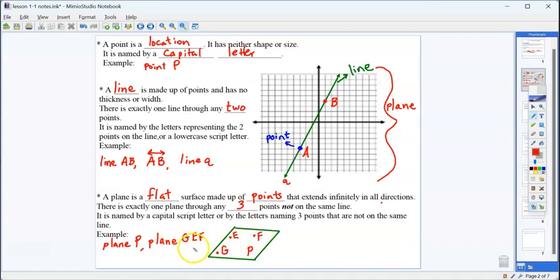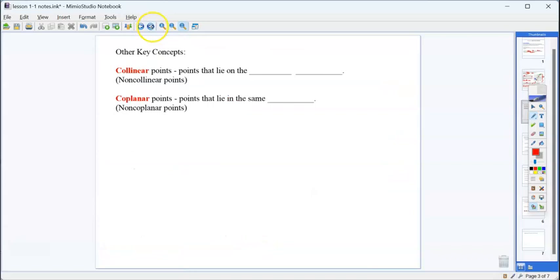They all can be used. And so those are the two ways of giving a plane a name. All right. So other concepts, we've touched on this a little bit. You're going to see these terms come up from time to time in your study of geometry. What are collinear points? These are points that lie on the same line.